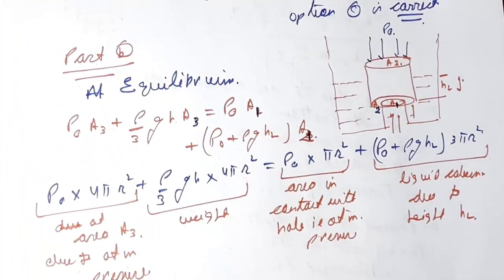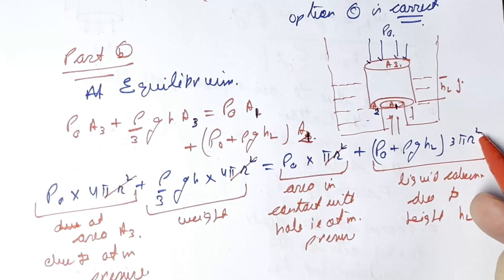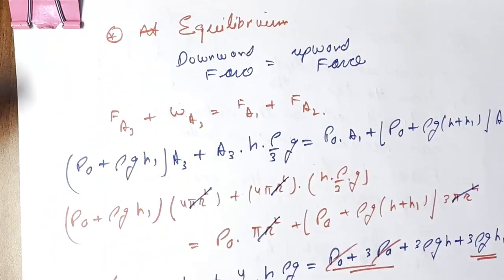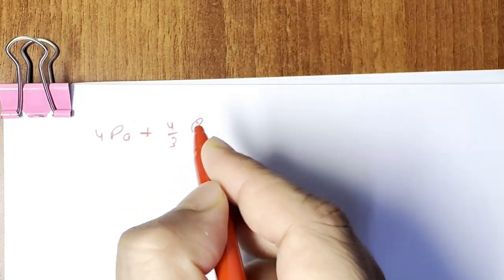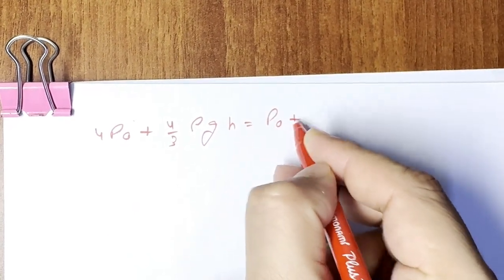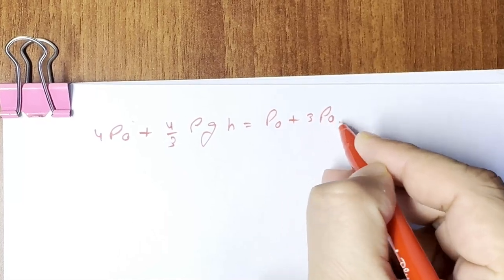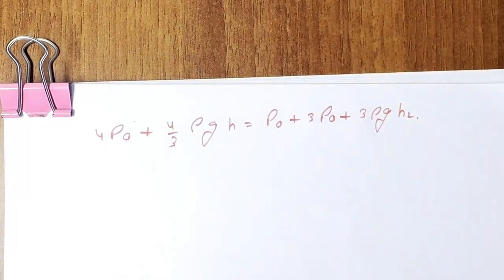Next is quite easy. Here our pi r square cancels out throughout once again, and now we just open the brackets. So we get this as 4PA plus 4 by 3 rho GH, and that will be equal to PA plus 3PA plus 3 rho G H2.